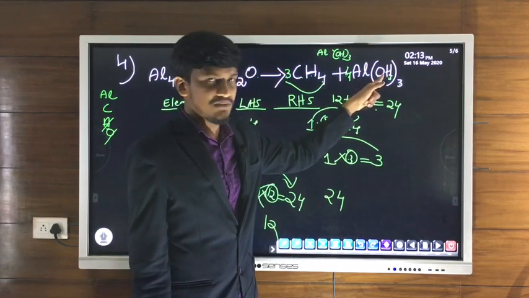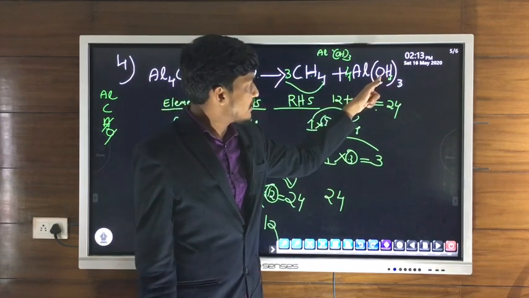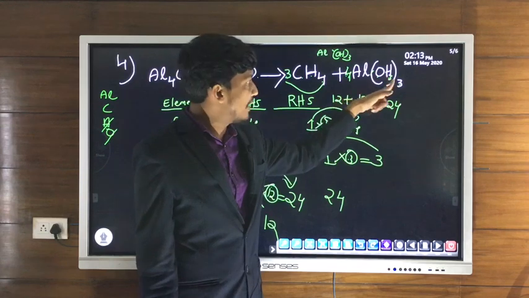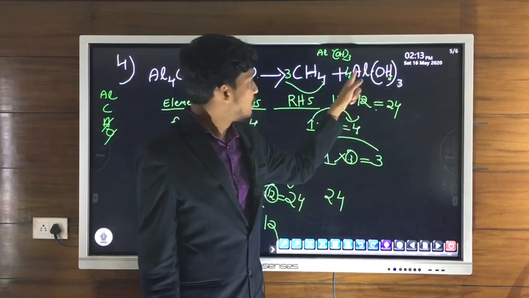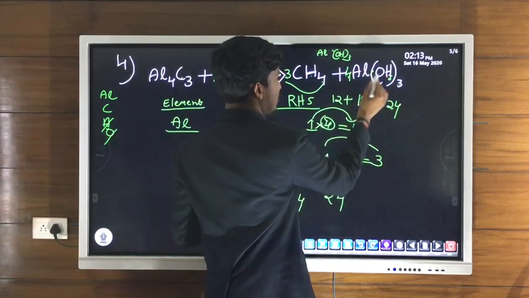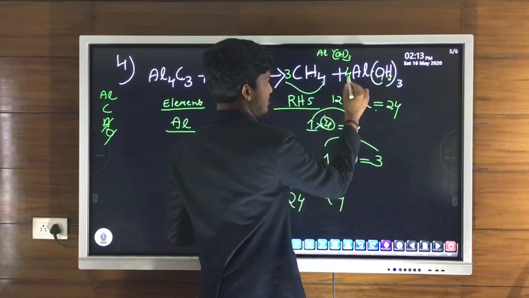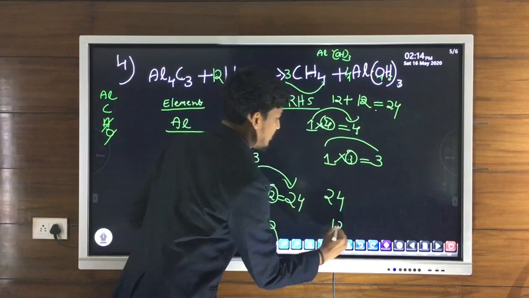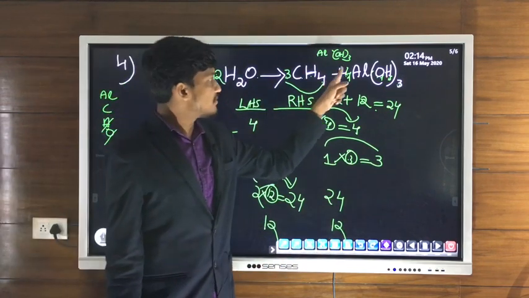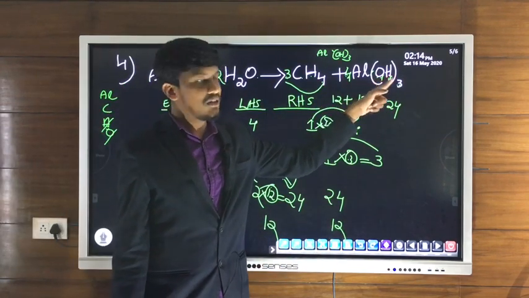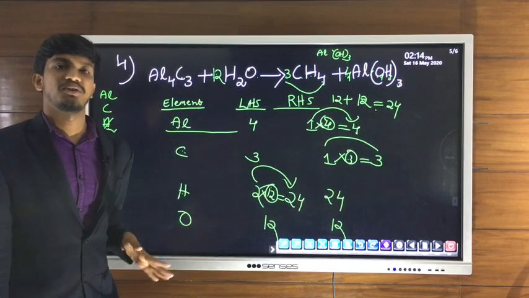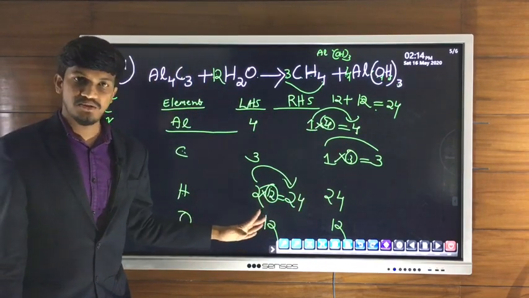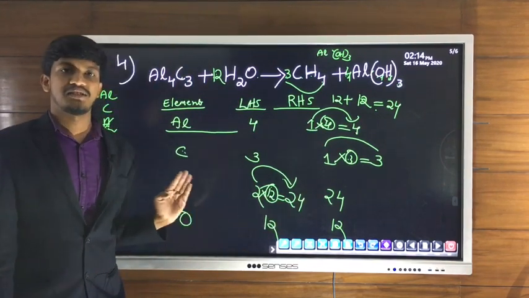Oxygen is in Al(OH)3, and since oxygen is in the bracket, we have to consider 3 also. So 4 into 1, 4. 4 into 3, 12 oxygen atoms. Left side also 12. So equal number of oxygen atoms.